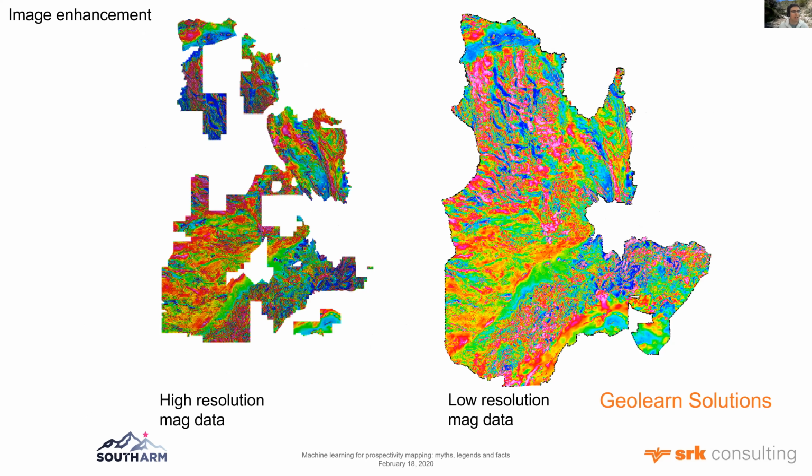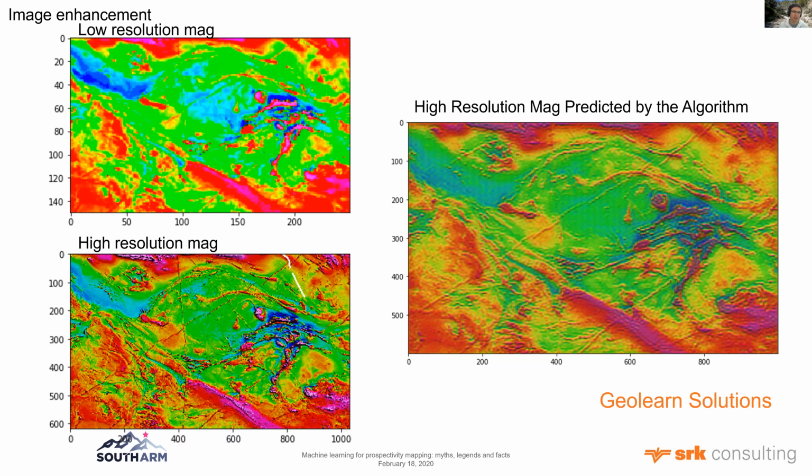You have on the top left the low resolution MAG data, and on the right what the algorithm interprets as what should be the high resolution. And on the bottom, the real high resolution MAG data. As you can see, this algorithm is able to add some accuracy to your geophysical data, which can be really useful when you only have historical low resolution data.